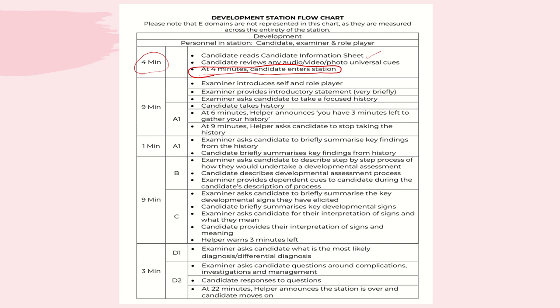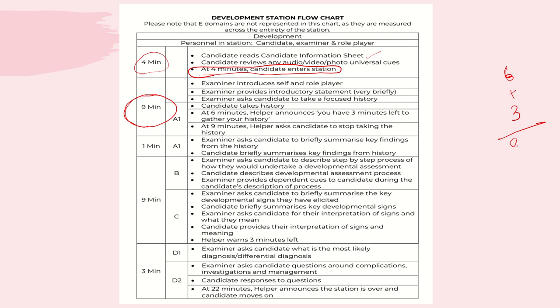There will not be any child in this station. The candidate is supposed to take the history from the role player. The role player will act as a caregiver. For the first 9 minutes, the candidate will be taking history from the role player. At the end of 6 minutes, there will be a warning bell that 3 minutes are left.